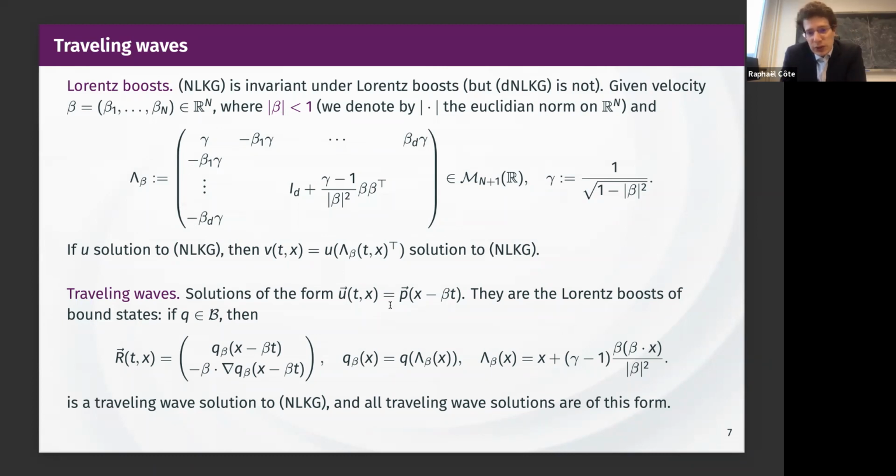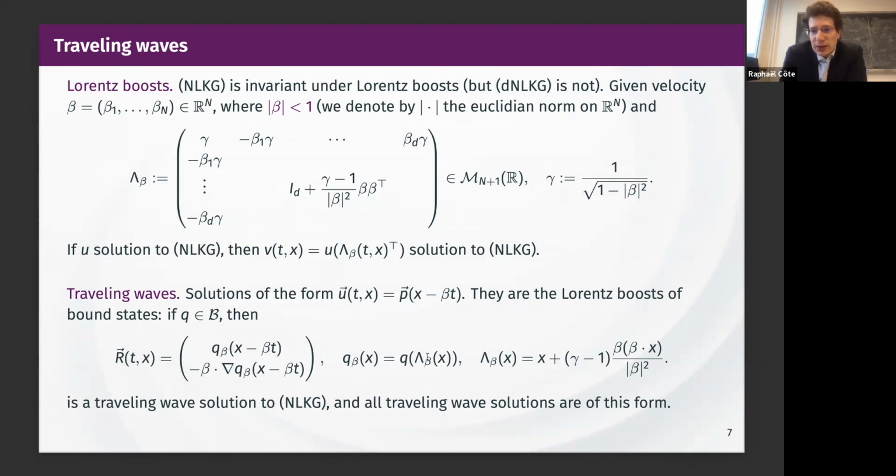For stationary solutions, it gives you a solution of this form, so it's simply a traveling wave with speed beta. For any speed strictly less than 1, you have a traveling wave with that speed. And actually, you can prove that any traveling waves are of this form, so they're a Lorentz boost of the stationary solution.